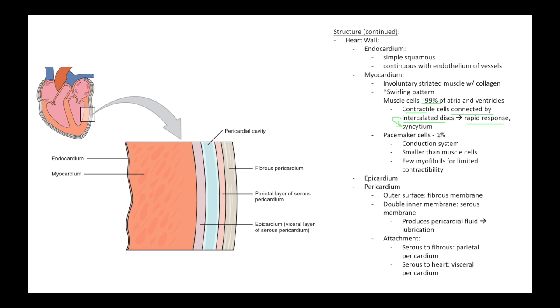And the remaining little bit of cells are our pacemaker cells, and they're important for conduction. These guys are much smaller than the muscle cells we talked about here, and have a few myofibrils in them as well for very limited contractibility to make the heart contraction a little more efficient.